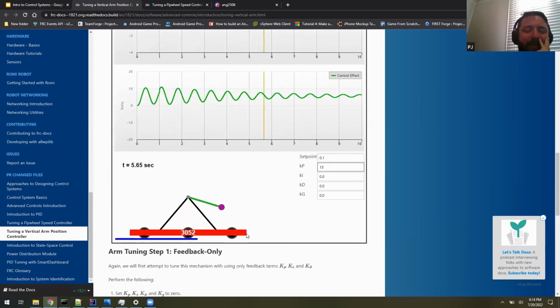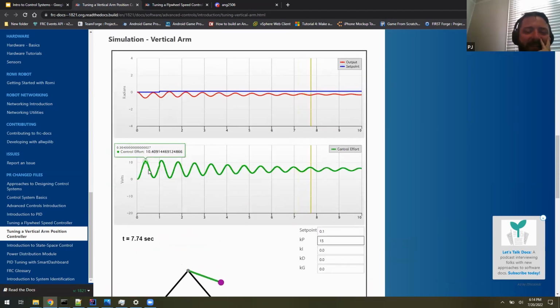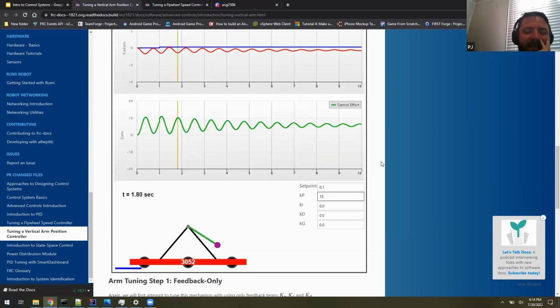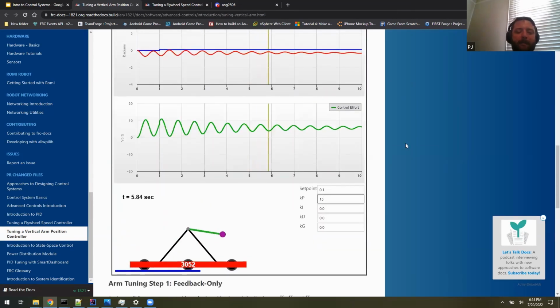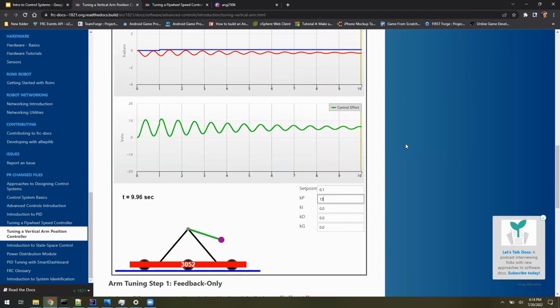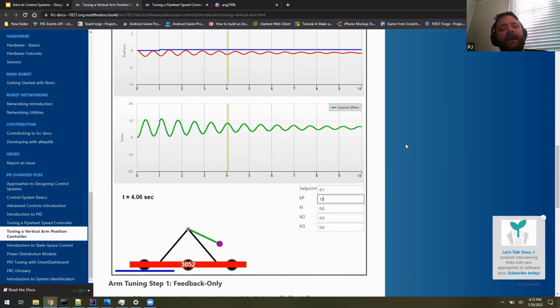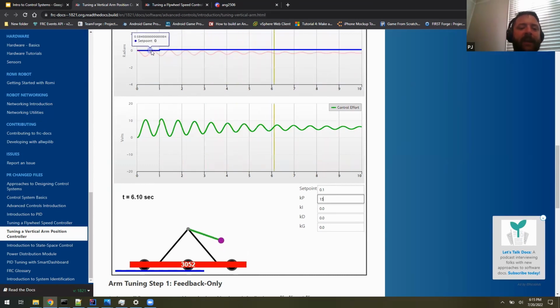So what do we think's happening? If we look at the control that we're giving it, our actual measured thing, why is this tough? Most likely because it's not accounting for gravity right now. Yeah, so like right here, it's getting close.